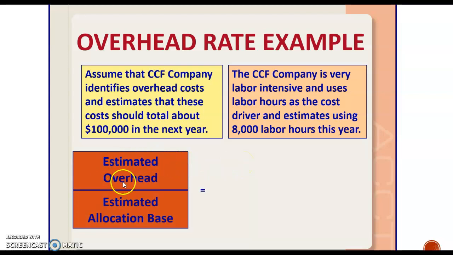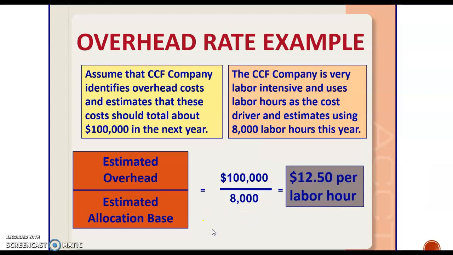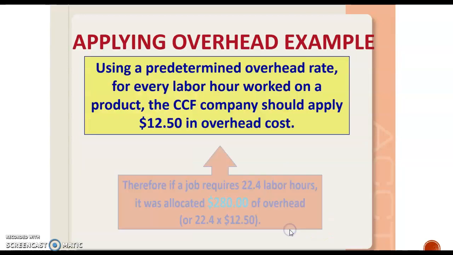So we need our estimated overhead costs divided by our estimated cost driver or allocation base. In this case, our estimated costs are 100,000. Our estimated cost driver is 8,000. So 100,000 divided by 8,000 is $12.50 per labor hour. And that'll be the rate that we use for all of next year.